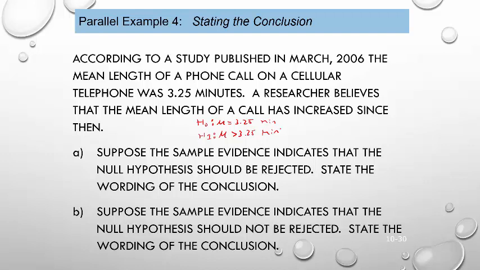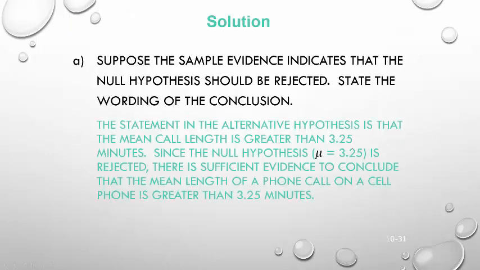The first one says, suppose the sample evidence indicates that the null hypothesis should be rejected. State the wording of the conclusion. So let's do A first. The statement in the alternative hypothesis is that the mean call length is greater than 3.25 minutes.